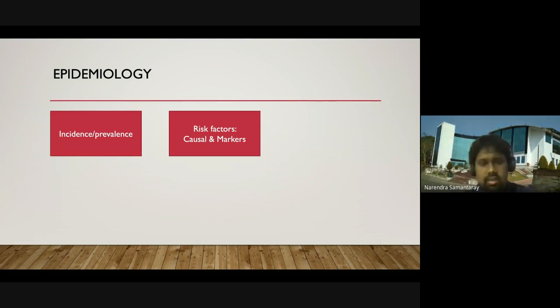Say, for example, with empirical conviction, we can prove that a certain kind of exposure definitely causes a certain outcome, a disease, then we can say that's a causal factor. And those causal factors can be immediate causes or distant causes. As an epidemiologist, as a researcher, people get more comfortable studying immediate causes, because by studying immediate causes, they can control a lot of factors.